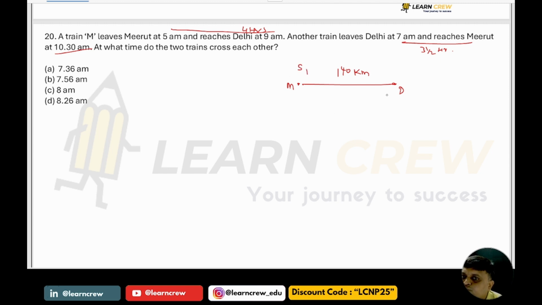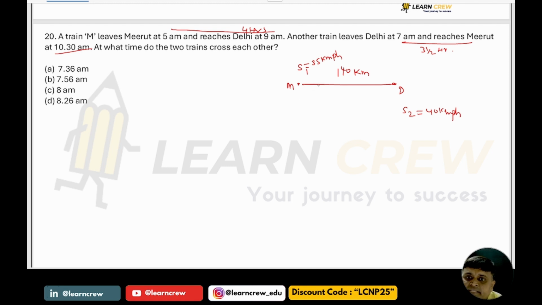So the speed of the first train and the speed of the second train: the speed of the first train is 140 by 4, which is 35 km per hour. And 140 by 3.5 is 40 km per hour.